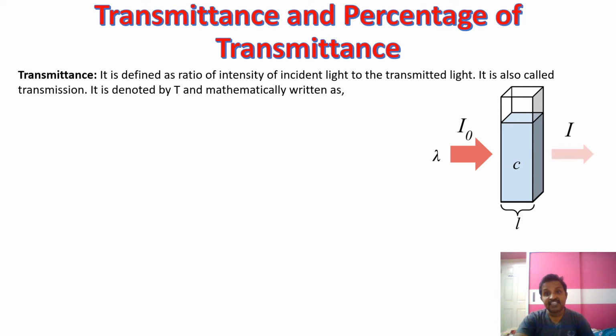Transmittance and percentage of transmittance. Transmittance is defined as the ratio of the intensity of transmitted light to the incident light.